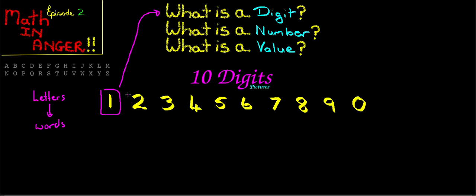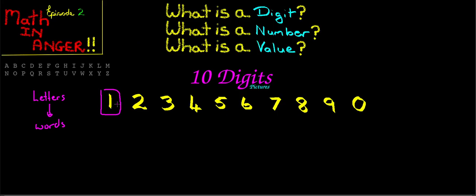And yes, in the English language, there's a bit of a problem. You can also use the word number to mean digit, but for the purposes of understanding, I am going to try to use the word digit when I am talking about the picture.